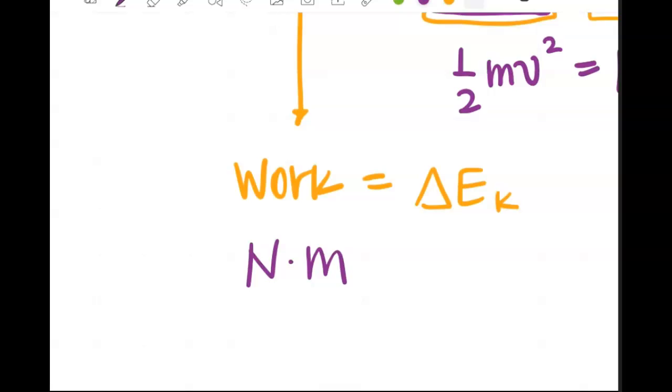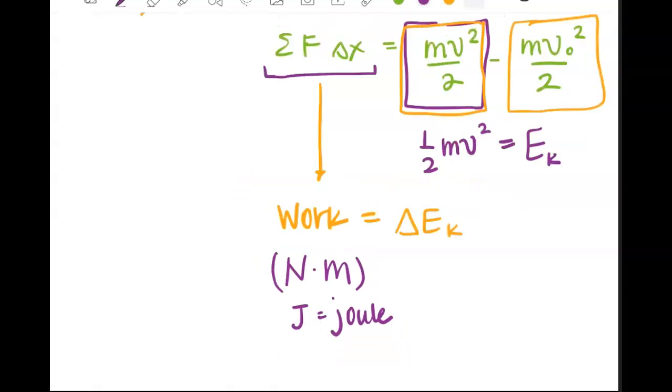His claim to fame was that he was able to connect a mechanical energy change to temperature change. So we call this a joule, J for joule. And so if work is equal to the change in energy, then the unit for energy is also joule. Okay, so because of that equal sign there.